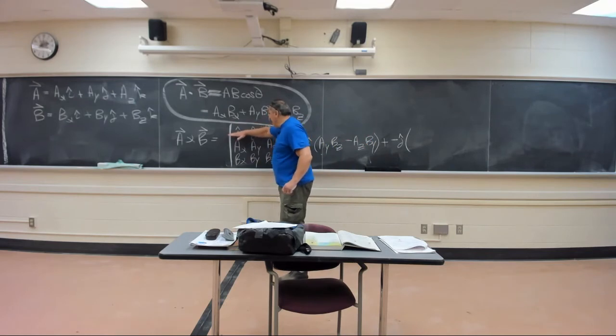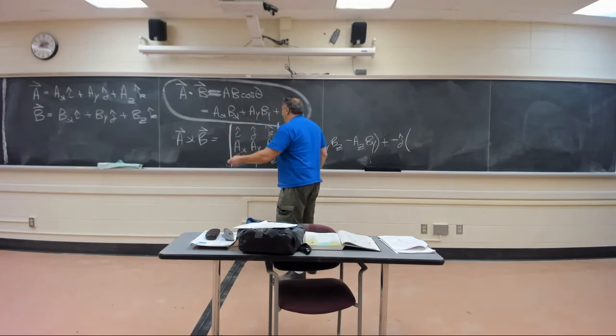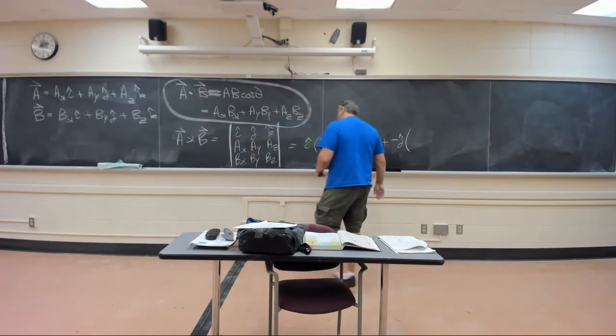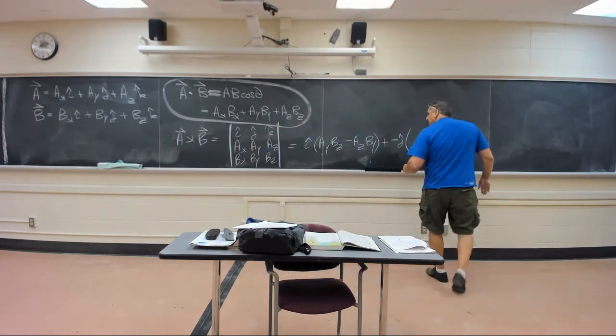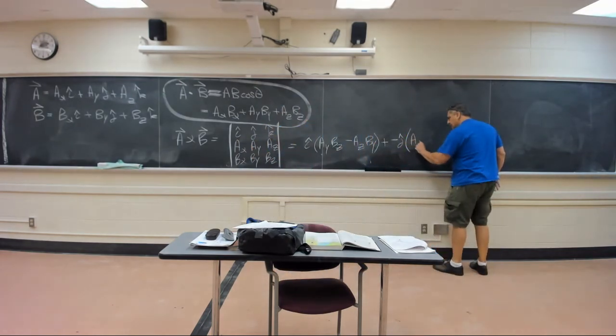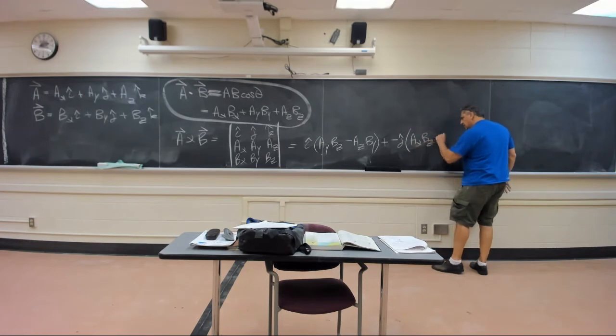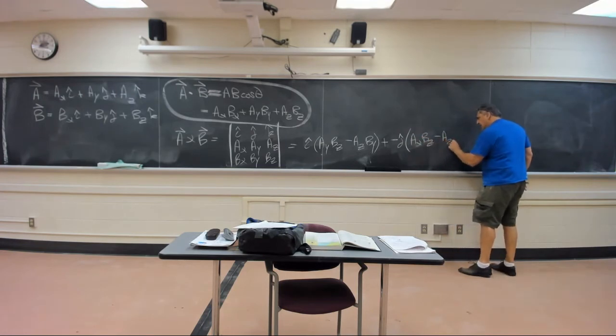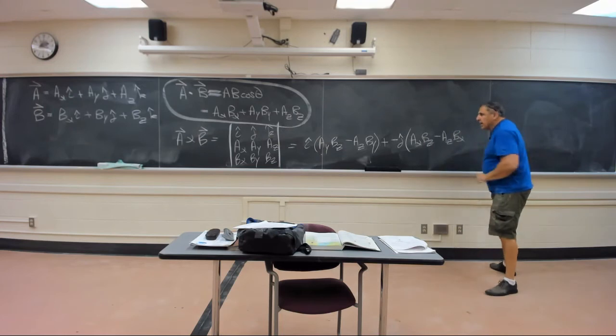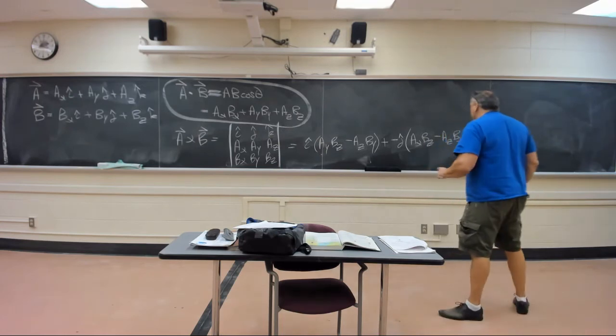Well, row 1, column 2: 1 and 2 is 3, odd, so it's going to be AXBZ minus AZBX.